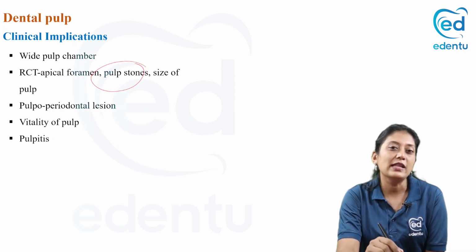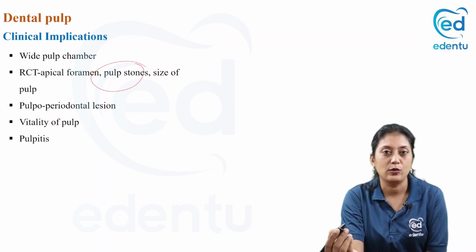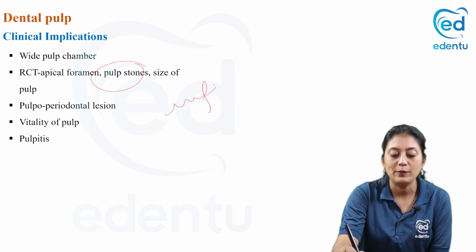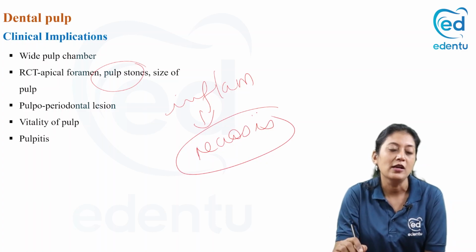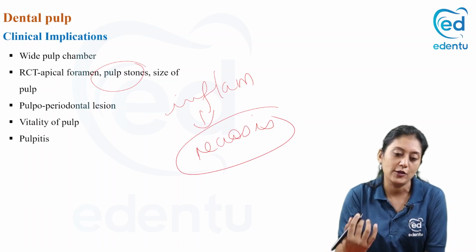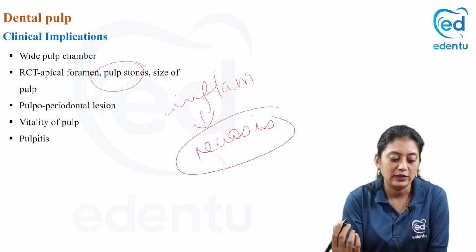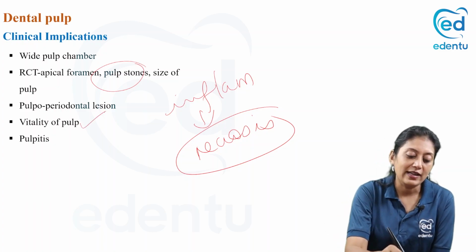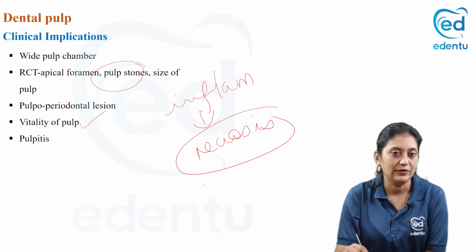Whenever there is any disease process like caries or any microbial invasion of the pulp, sometimes the pulp may undergo necrosis. So what is the effect of inflammation? At the end of inflammation, the tissue will undergo necrosis. That is the end point of inflammation. So whenever there is pulpitis, the pulp may undergo necrosis, and that is called a non-vital tooth. In those cases, the vitality of the pulp has to be checked, and then only we proceed with the treatment.